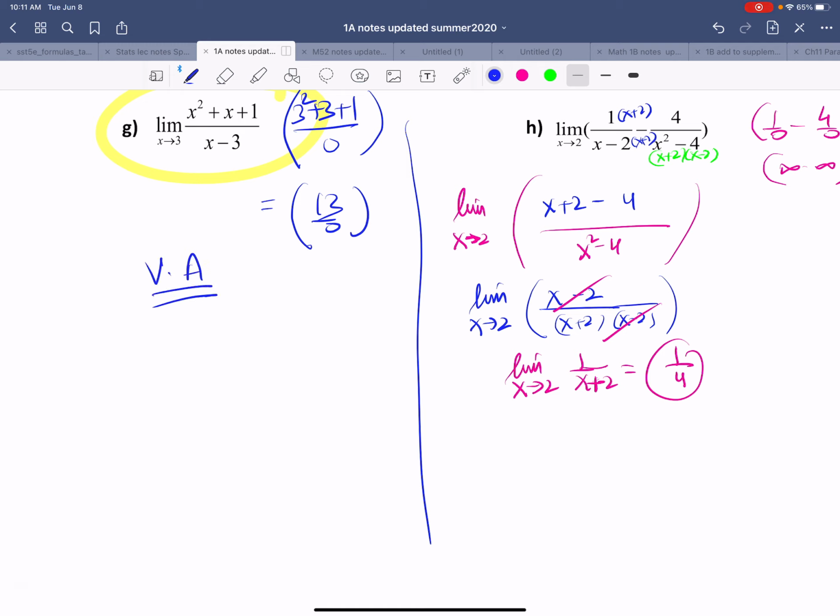So vertical asymptote. How can you tell what is happening to the limit? We would have to do limit x approaches 3 from the left hand side, and limit x approaches 3 from the right hand side. For now, we can go ahead and do x squared plus x plus 1 over x minus 3.